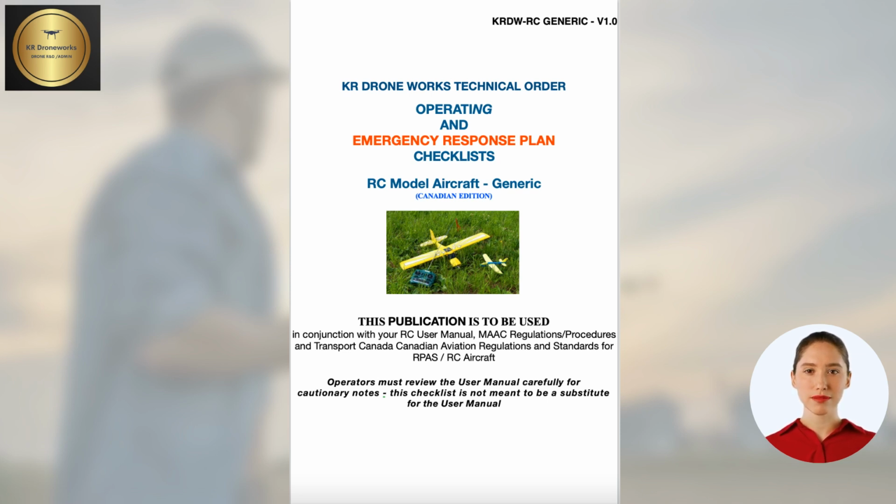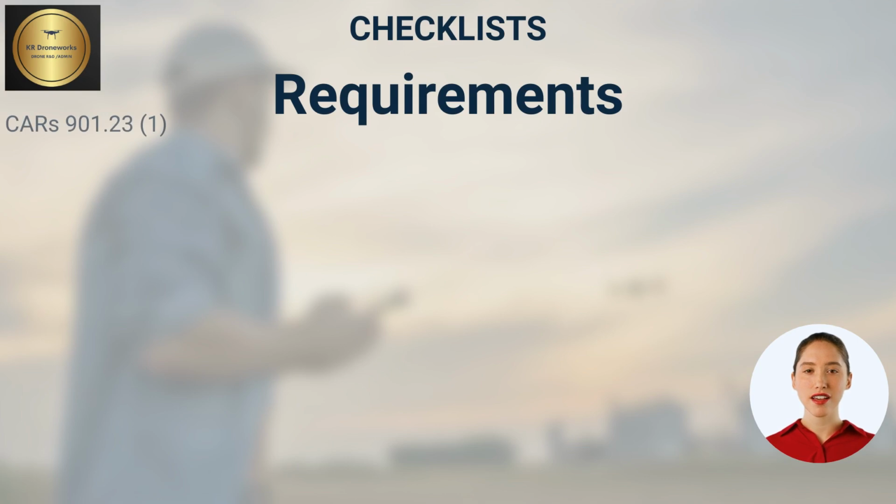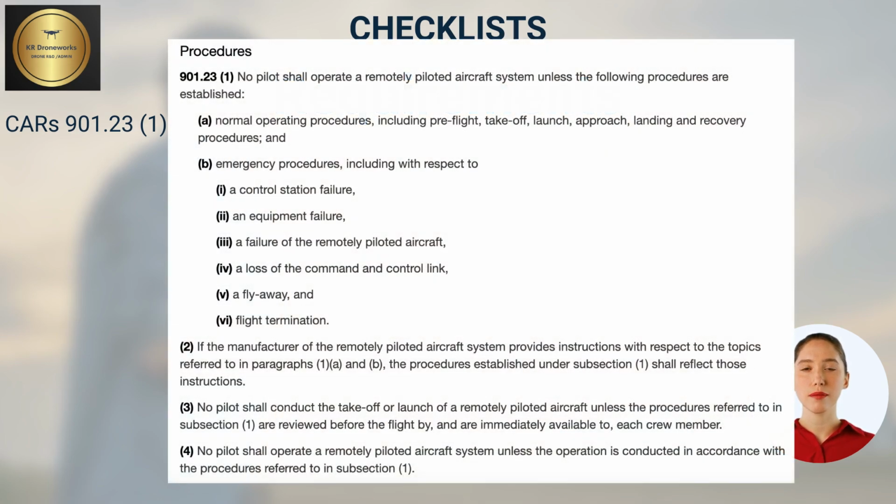Pilots working towards obtaining their advanced RPAS certification should pay particular attention to this next slide. CARS 901.231 states the requirements. In particular, no pilot shall operate a remotely piloted aircraft system unless the following procedures are established.